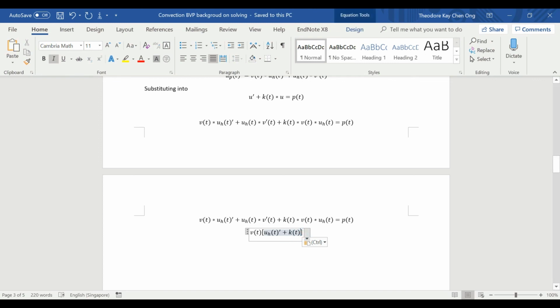And then we'll have a v'(t) times u_h(t), and that will be equal to some p(t). Okay.